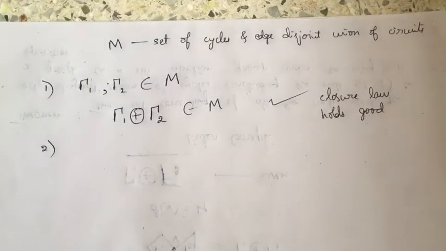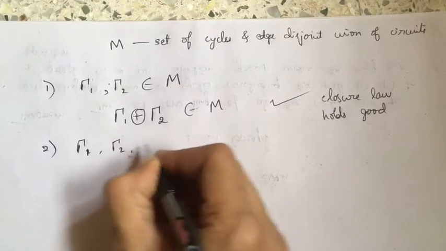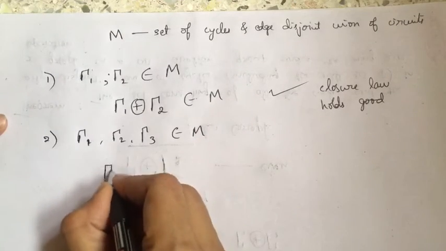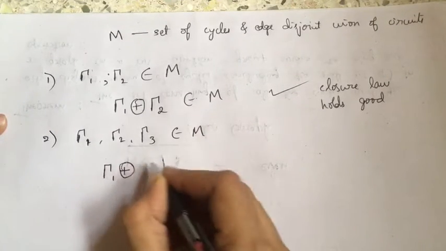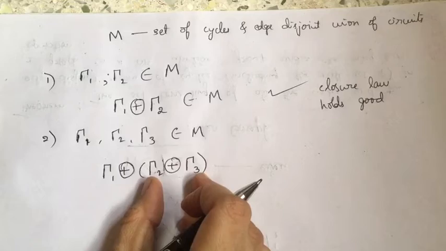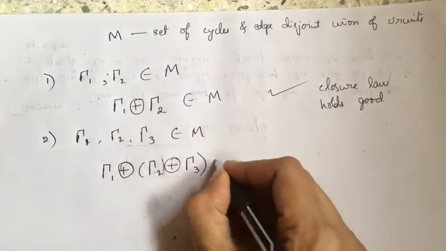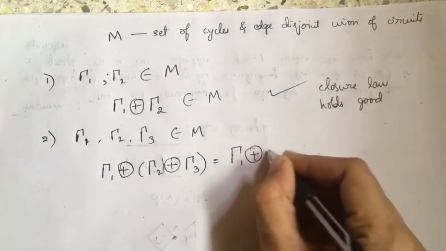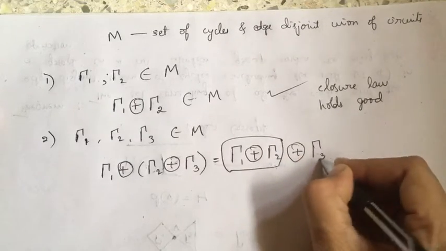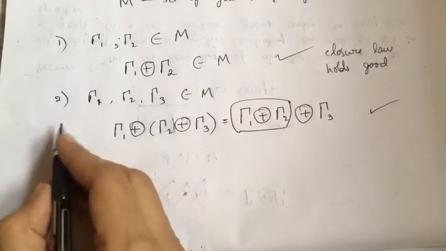And next, if I have gamma 1, gamma 2 and gamma 3 in my set M, then of course their ring sum, gamma 1 ring sum gamma 2 ring sum gamma 3, is again a circuit, and this is same as gamma 1 ring sum with gamma 2 ring sum gamma 3. Therefore, I can say that associative property holds good.